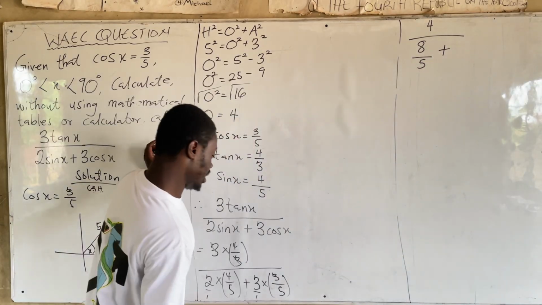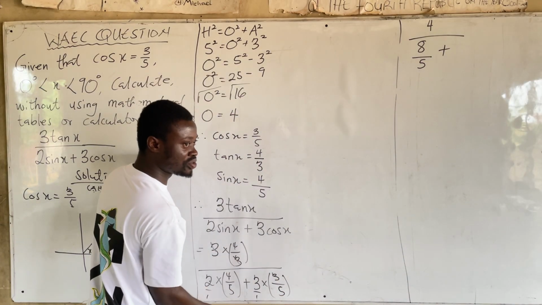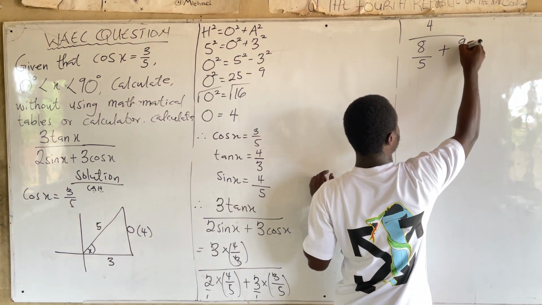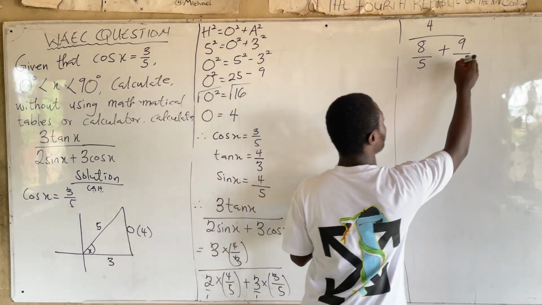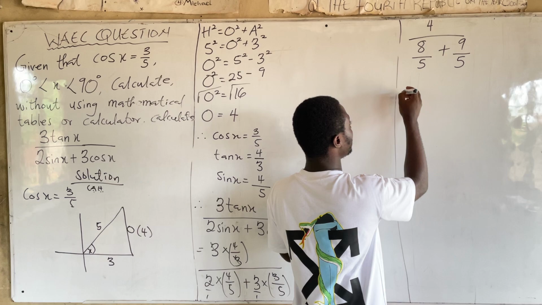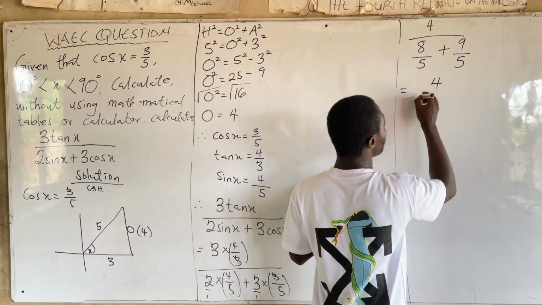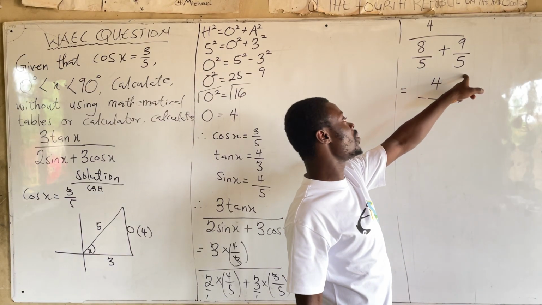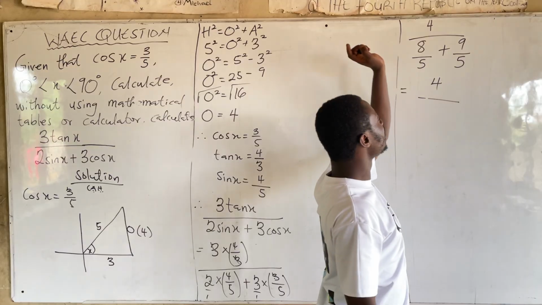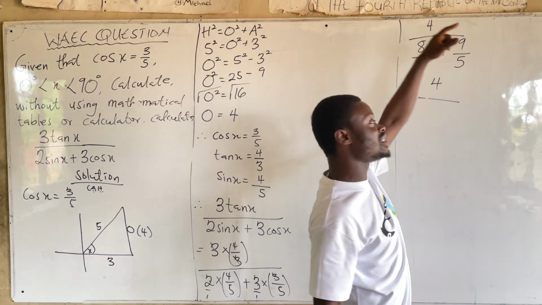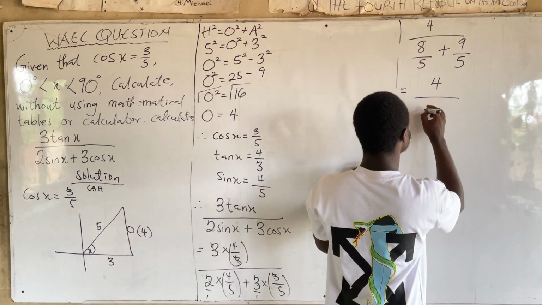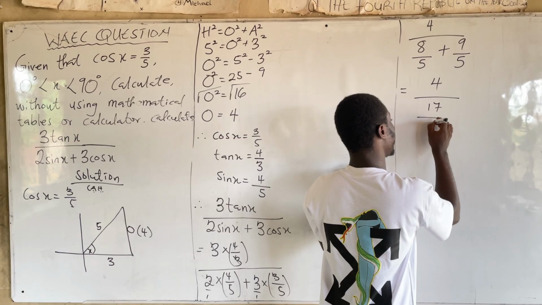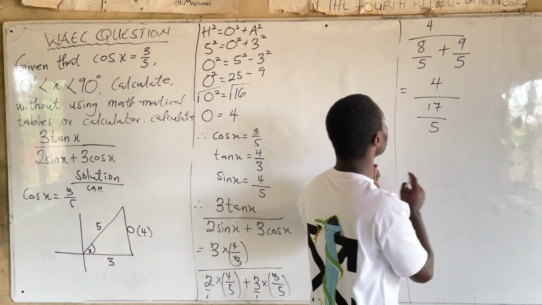Plus, here also we cannot cancel, so we multiply straight. 3 times 3 gives us 9, so 9 out of 5. Now we get 4 over a fraction. Since the denominators are the same, there is no need to find the LCM, just add. 8 plus 9 gives us 17. So we have 4 over 17 over 5.